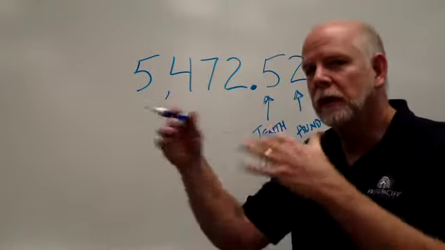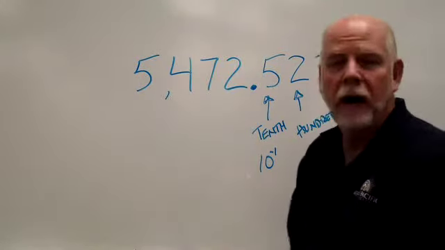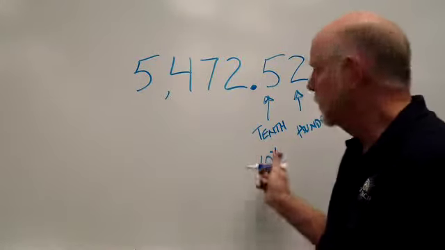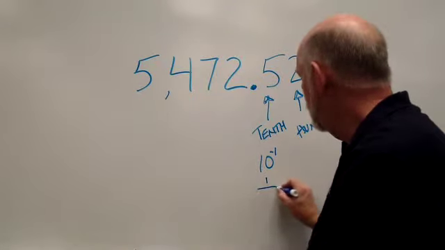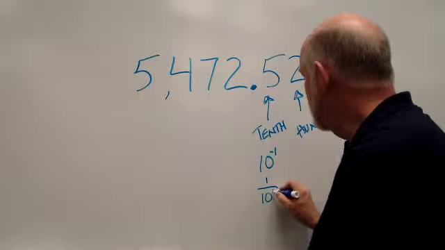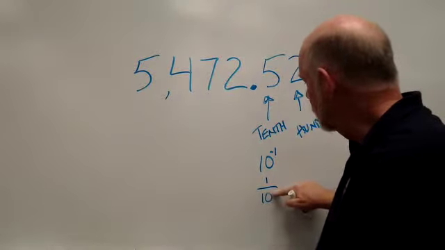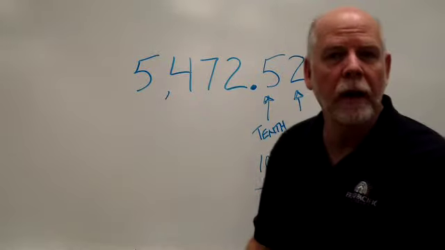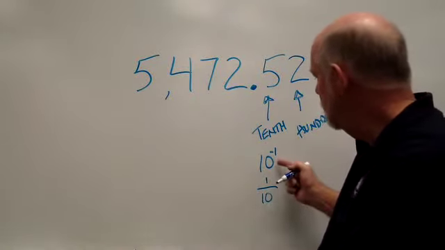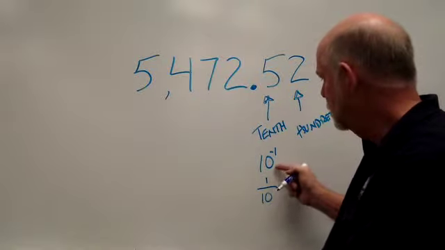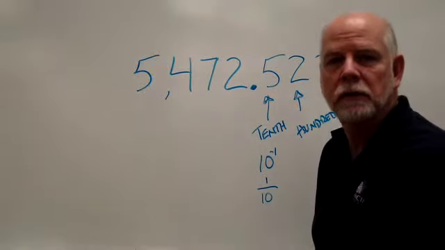Now again, we're jumping in concepts here because we haven't talked about exponents yet. But a negative 1 power, all that means is that that represents a fraction. And so what this literally represents is 1 over 10 to the first power. And we don't typically write 1 as a power. We're lazy as mathematicians, and so we don't write powers that we don't need to, or numbers that we don't need to. And so that just literally means 1 over 10. Okay, the base goes down to the bottom of a fraction is what the negative means.